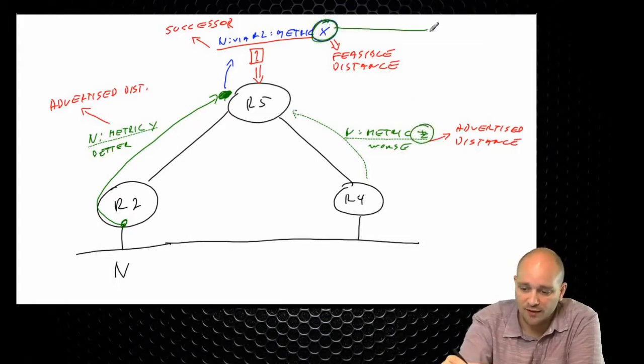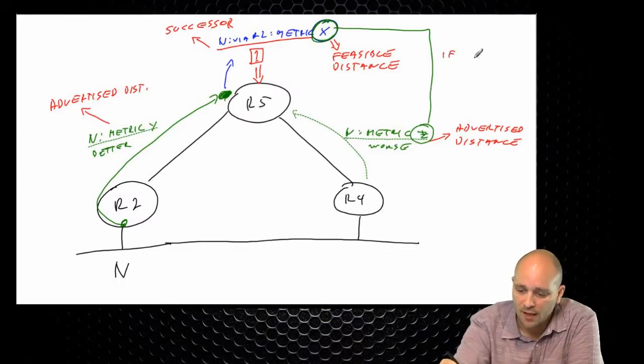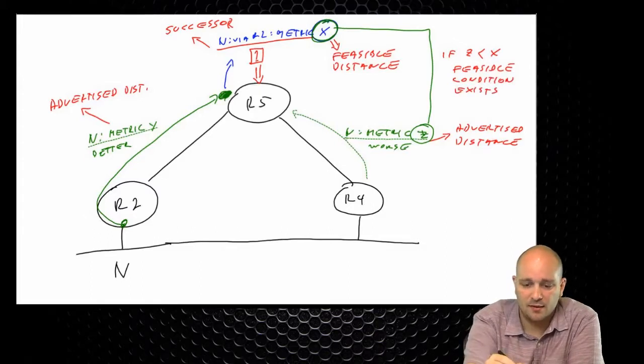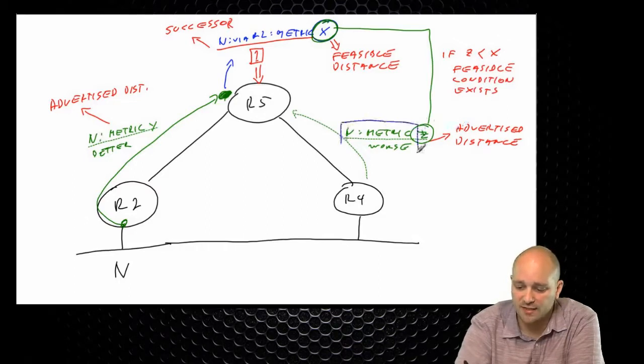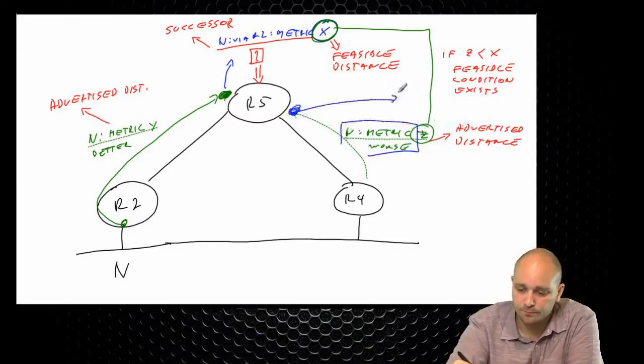So this value and this value here will be compared, and if Z, or Z for you over the pond, if Z is lower than X, then we say that feasible condition exists, and this route here, as it was advertised, after it was computed and munched, comes here as the backup route.